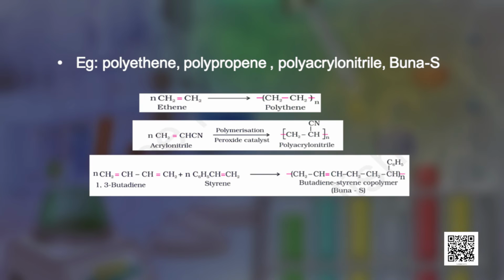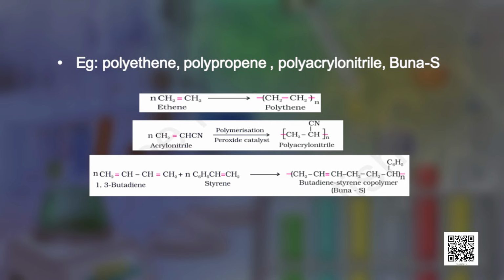If you look at the examples, the formation of polythene from ethene is an example of a homopolymer, while the formation of polyacrylonitrile from acrylonitrile shows that the functional group is acting as a substituent only.